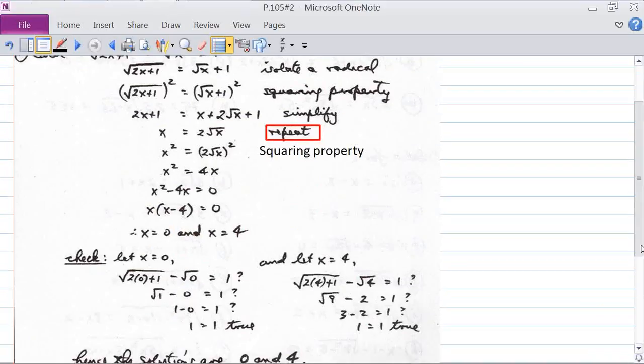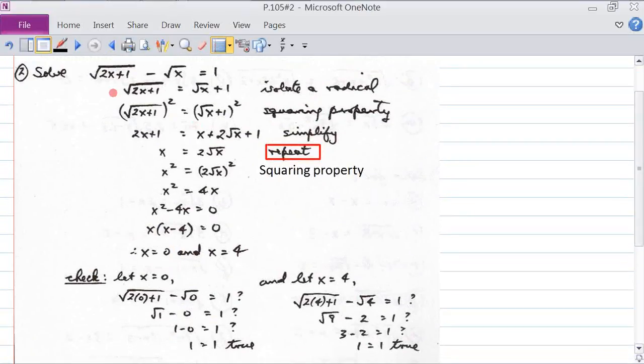So we go back into the original equation, and let's start with the 0. 2 times 0 plus 1 minus the square root of 0. So you get the square root of 1 minus 0, and 1 equals 1. So that one works.